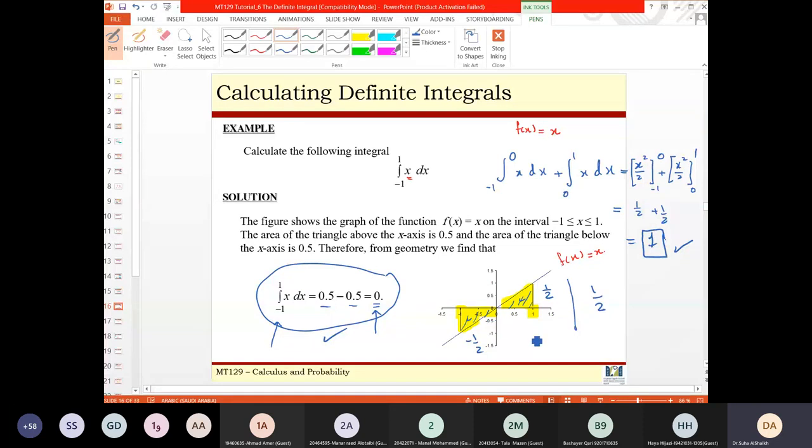This is half and this is minus half, so it will be minus half. This will equal to 1. The correct answer is 1, since I am seeing an area in front of me, right? It's not 0 area. It's area of two triangles, one above and one below. Now the good news is that they will not confuse you in the exam. If they give it to you, you won't need to draw and see the area up and the area down. That statement is not accurate. Mathematically, this is the correct thing.